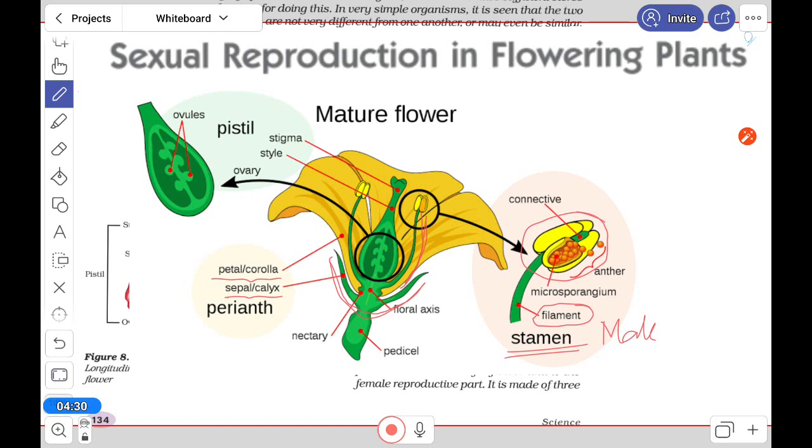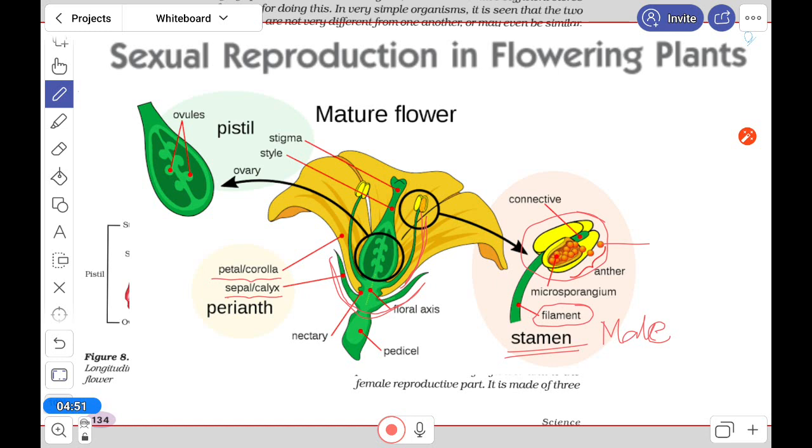This is the anther. Inside the anther, the pollen sac or microsporangium, the microspores, meaning pollen grains, are produced. So this is the male part. Another name is androecium. All right.